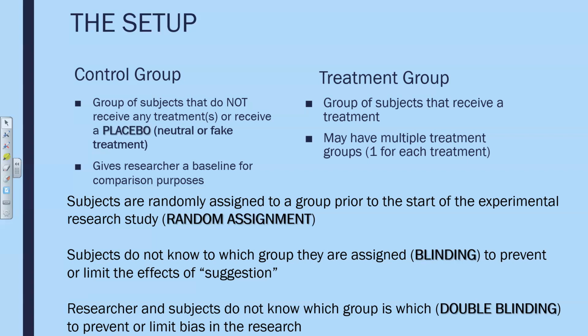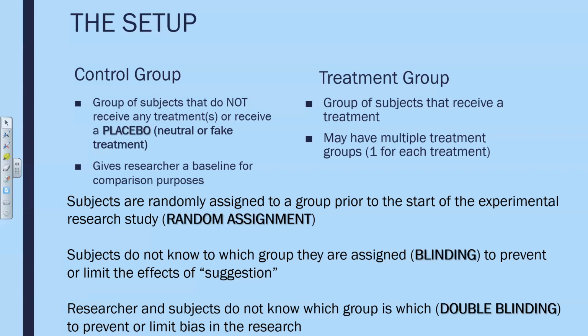In a double-blind model, neither you, as the participant, nor I, as the researcher, know which group is which. A third party, maybe the research assistant, the secretary, or some outside source, sets the groups up. I don't know which group is which, and you don't know which group you're in. It's called double blind, and that helps prevent my behavior from affecting your behavior in response to a question.